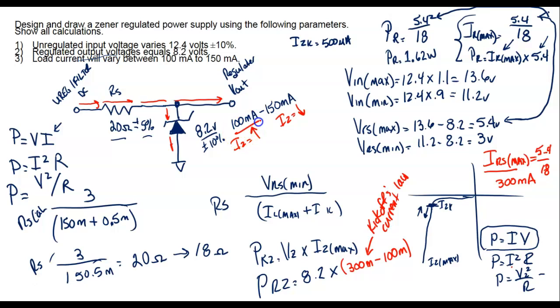So I know this current flow here. I don't know this current flow here, but I know the total current flow in the circuit. So this is Kirchhoff's current law we use right here. This is total current, minus the minimum load current.